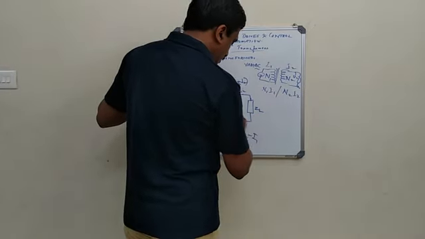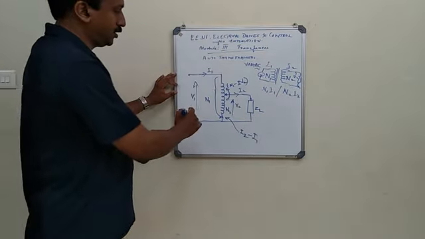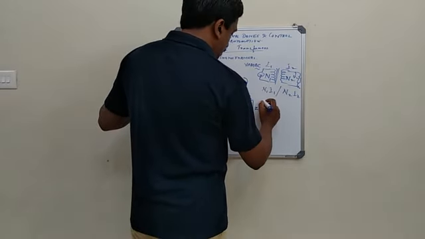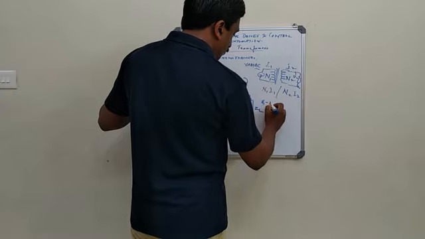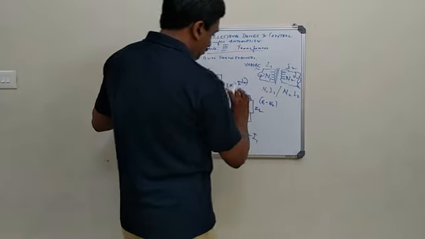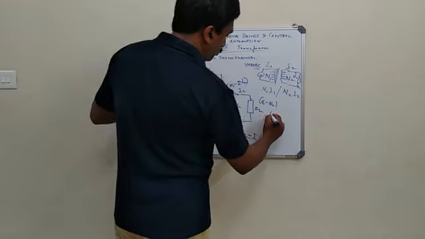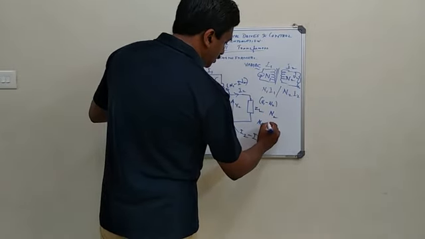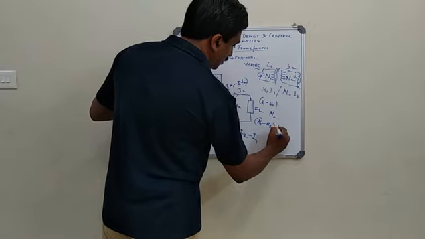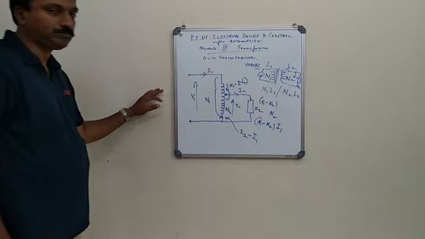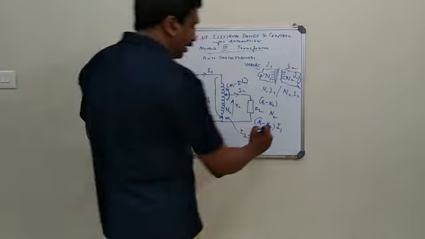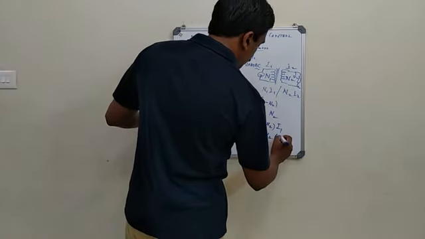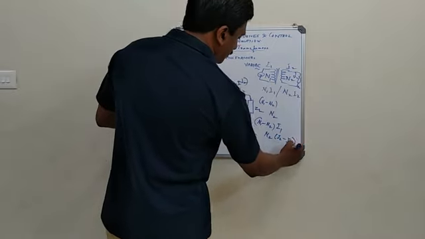Now with this configuration, you can see that there are two things. There is a portion called N1 minus N2, and then the N2 portion. N1 minus N2, as you can see, carries a current of I1, and N2 carries a current of I2 minus I1.